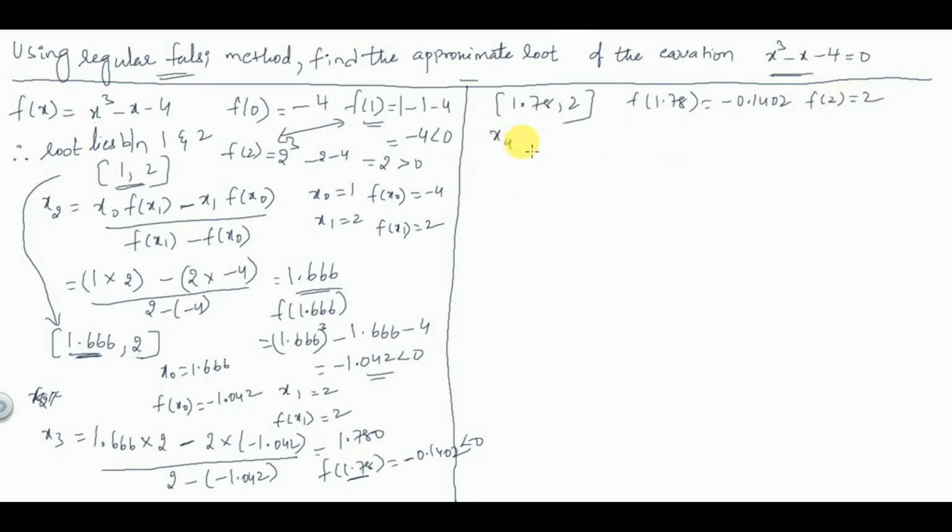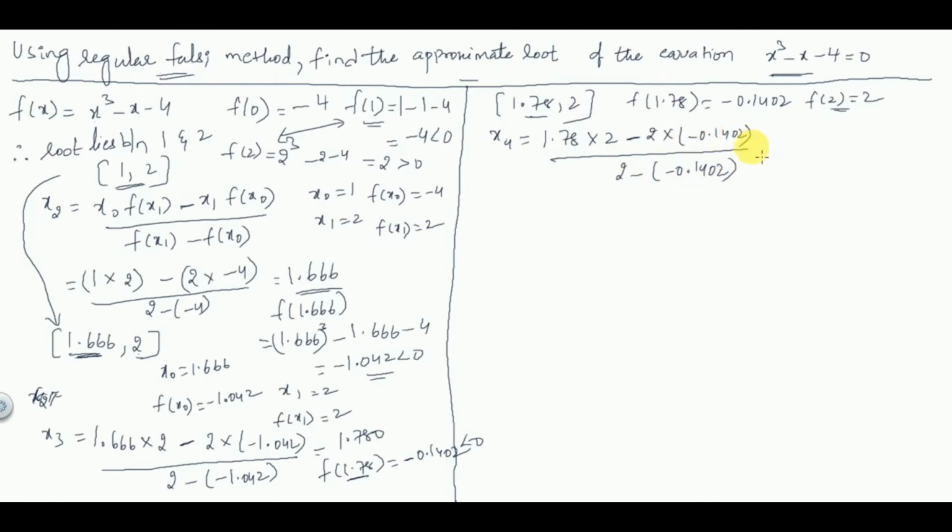Okay, so the next approximation, x4, is given by x naught, so this is x naught now. x naught is 1.78 into f of x1, f of x1 is 2, so 1.78 into 2 minus x1, x1 is 2 here, and f of x naught, f of 1.78, is minus 0.1402 divided by f of x1, 2 minus 0.1402.